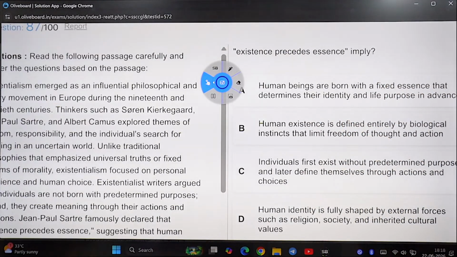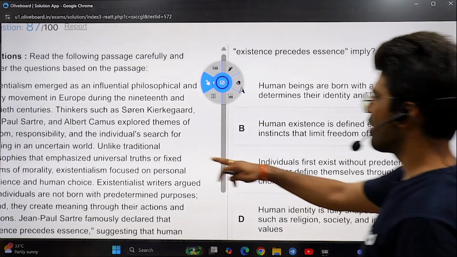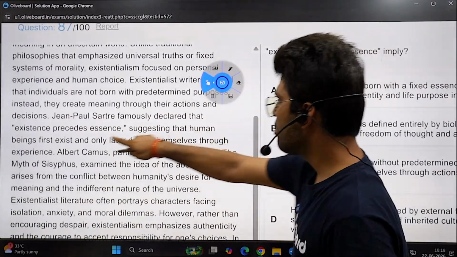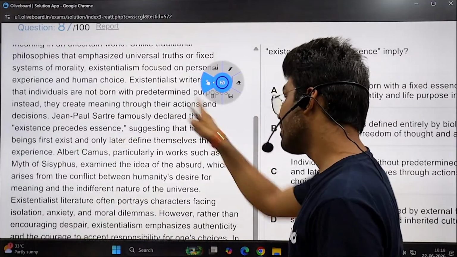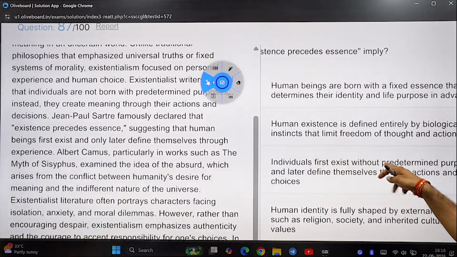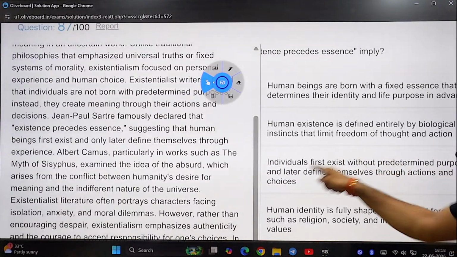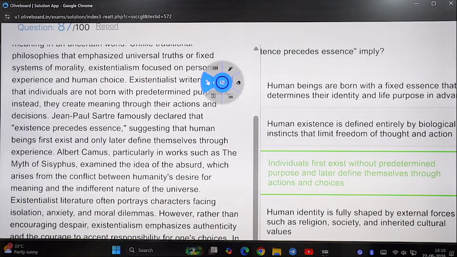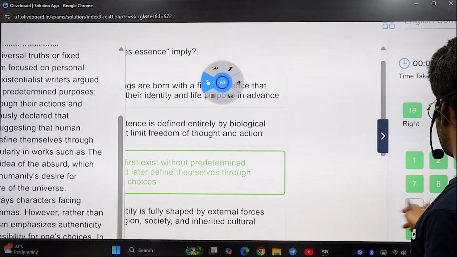Human existence is defined by biological... no, we define ourselves later. Individuals first exist. Yes, that was marked. Human beings first exist. They define themselves later through experience. Individuals first exist without any purpose. They later define themselves through actions and choices. Better than the best. Feel free to ask if you have any objection.